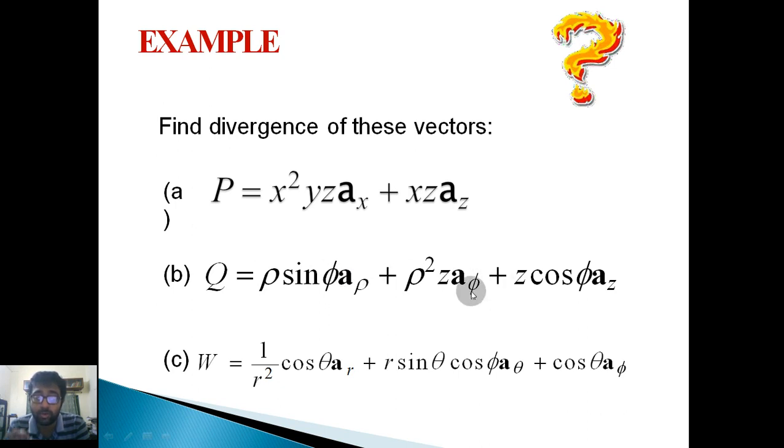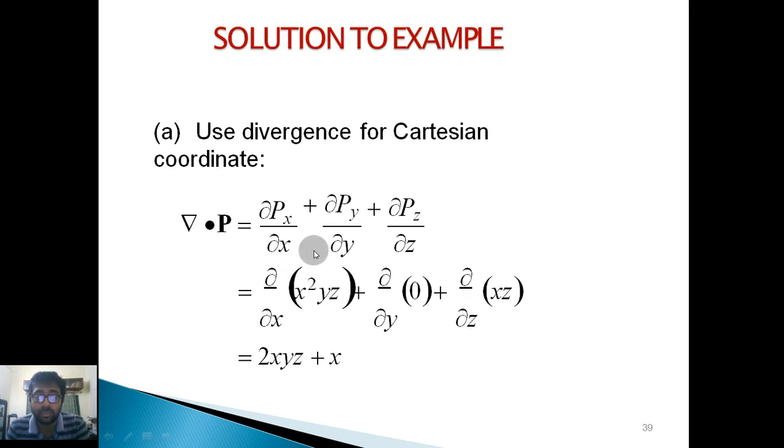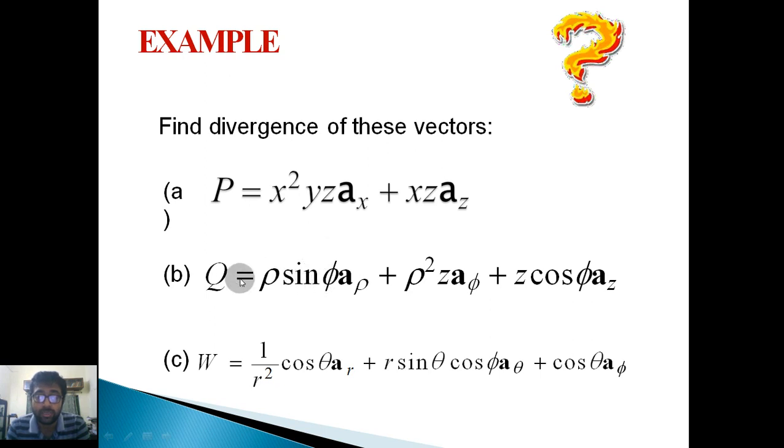This vector is in the cylindrical coordinate system, so here we will use the del operator which is applicable for the circular cylindrical system. This is the function: rho sin phi, rho square z a suffix phi, and z cos phi a suffix z.